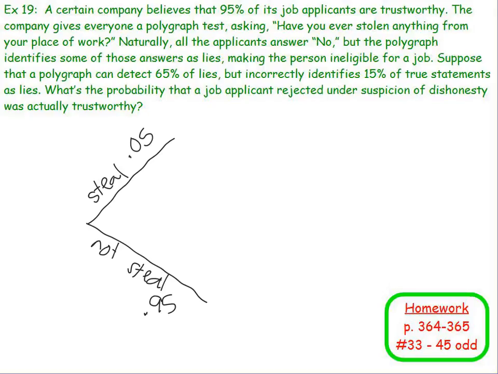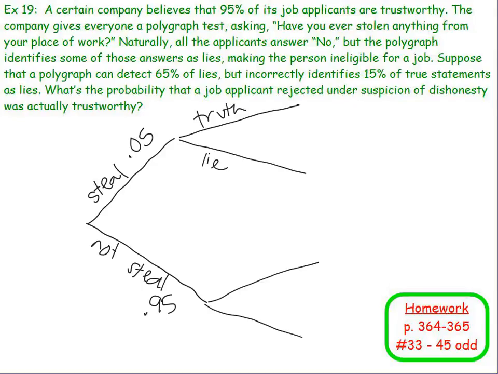Now that we've decided whether you steal or not steal, you've been asked that question, you said yes or you said no. Now, the question becomes, did you actually tell the truth or did you lie? So that's our next pair of branches. Either you told the truth or you lied. These are not going to be as easy to fill in because you said no, period.